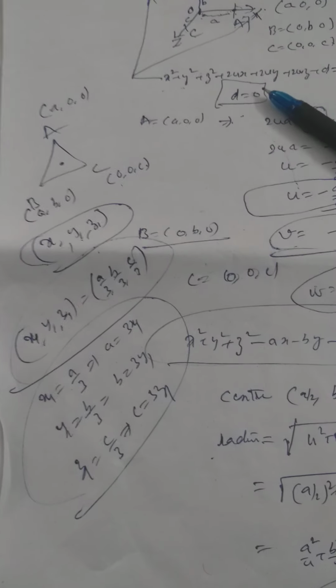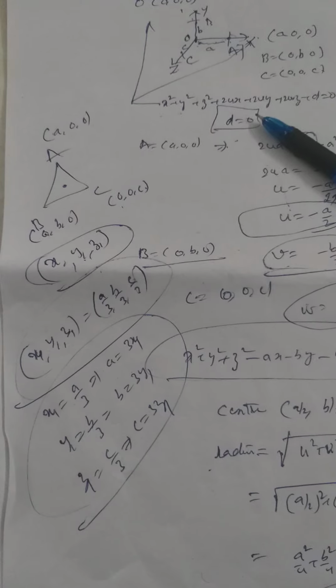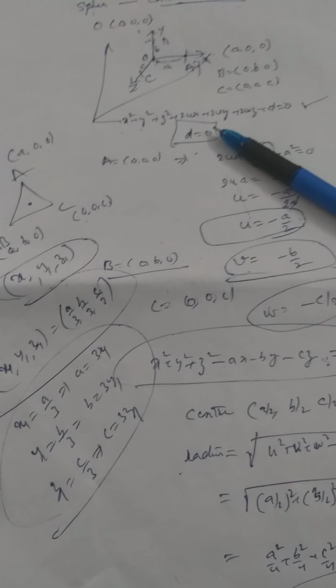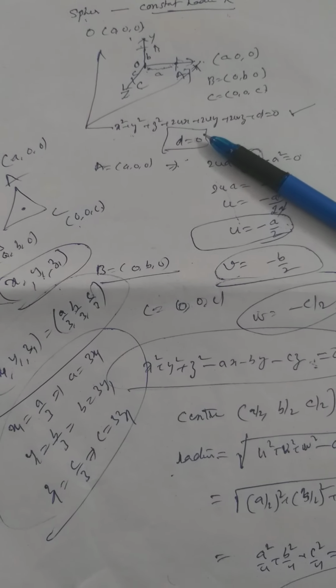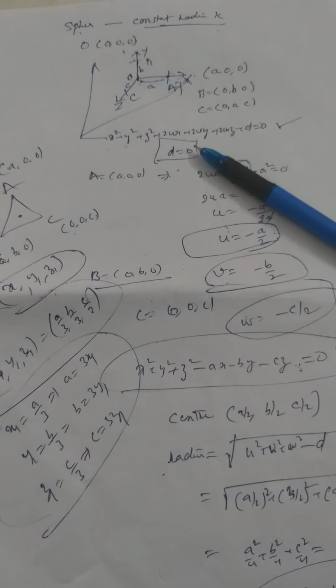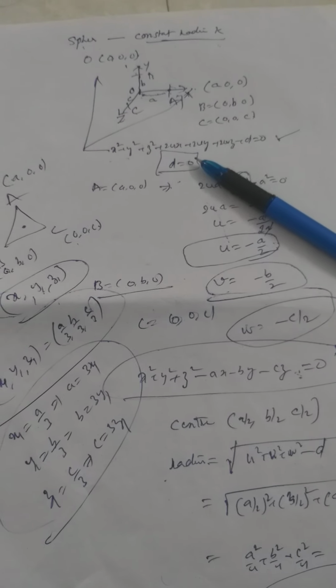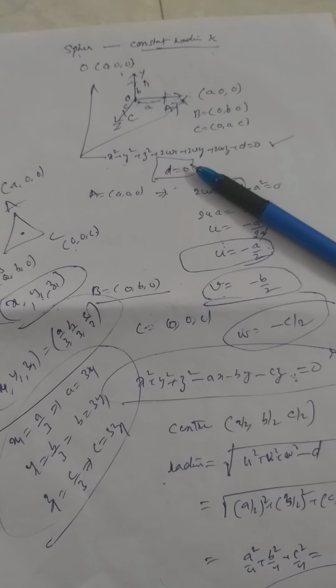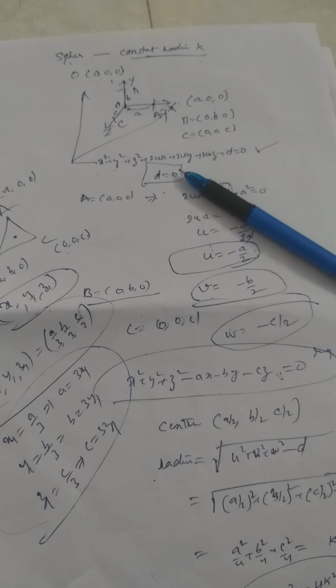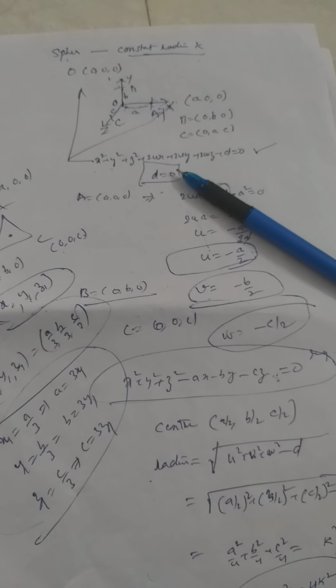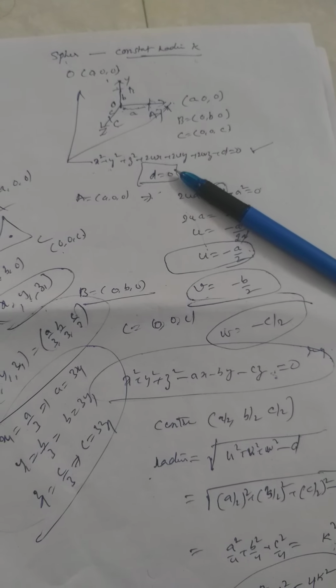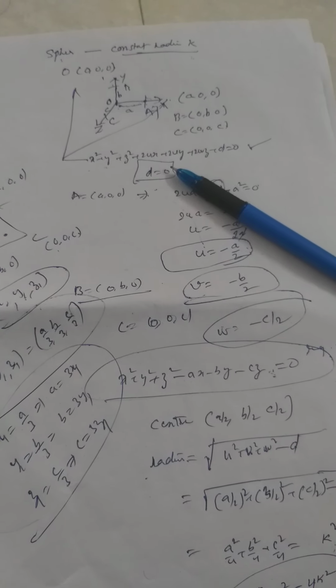Now you have to remember this formula. What is the centroid of the triangle in general? x1 plus x2 plus x3 by 3 comma y1 plus y2 plus y3 by 3 comma z1 plus z2 plus z3 by 3, where x1 y1 z1 is the first vertex of the triangle ABC, x2 y2 z2 is the second vertex, and x3 y3 z3 is the third vertex.